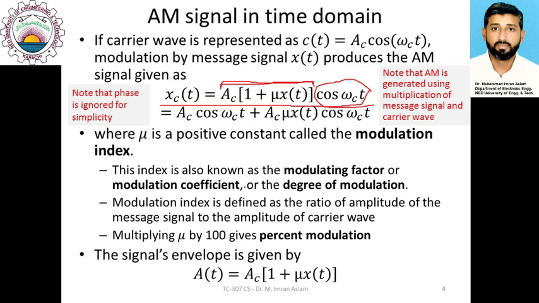This time varying amplitude, or envelope, is represented by the expression A_c(1 + mu x(t)). So the signal's envelope is time dependent, given as A_c(1 + mu x(t)).